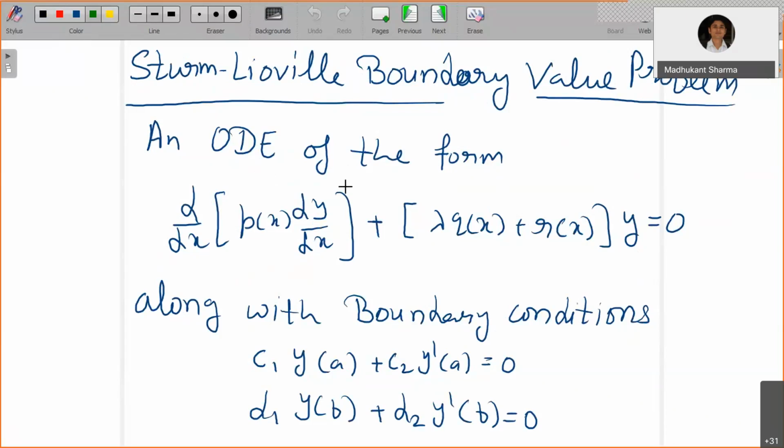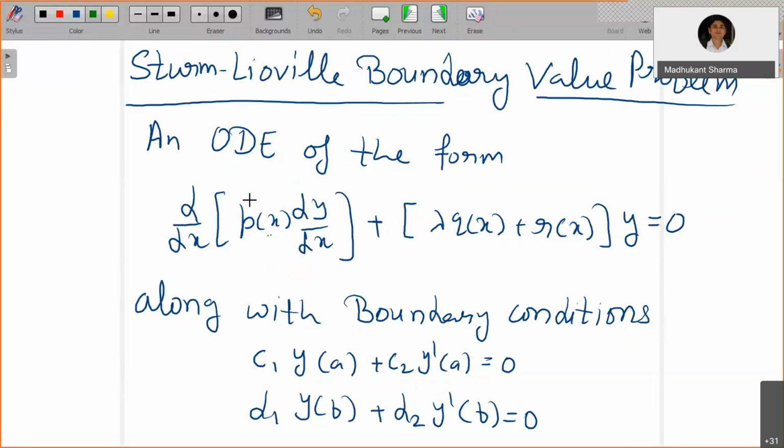If you write the second order differential equation and open up the first term, this is going to be p(x) times the second derivative plus the first derivative times p'(x). Arrange all the coefficients and make a standard form.